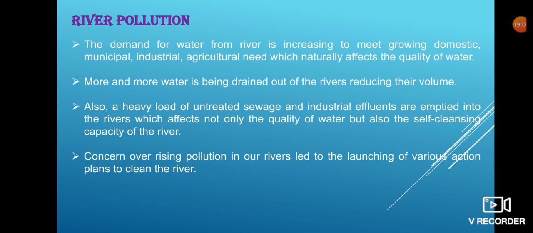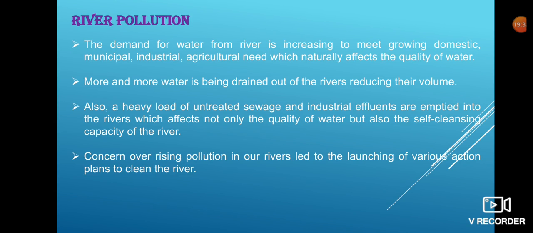Although rivers are very important, they have been polluted. The growing domestic, municipal, industrial, and agricultural demand for water from rivers naturally affects the quality of water. As a result, more and more water is being drained out of the rivers, reducing their volume.